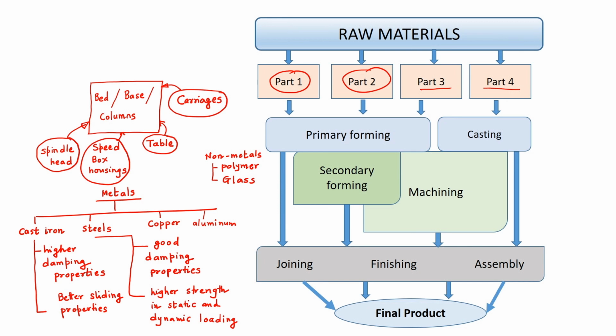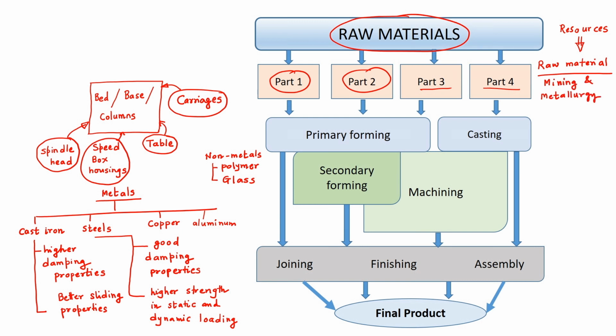So, for that purpose we require the raw materials. So, from where we are getting the raw materials? So, we are getting the raw materials from the mother earth, from the nature, and the conversion of the resources available from the mother earth into raw material. So, this is basically being done by the mining and metallurgy branch of engineering.